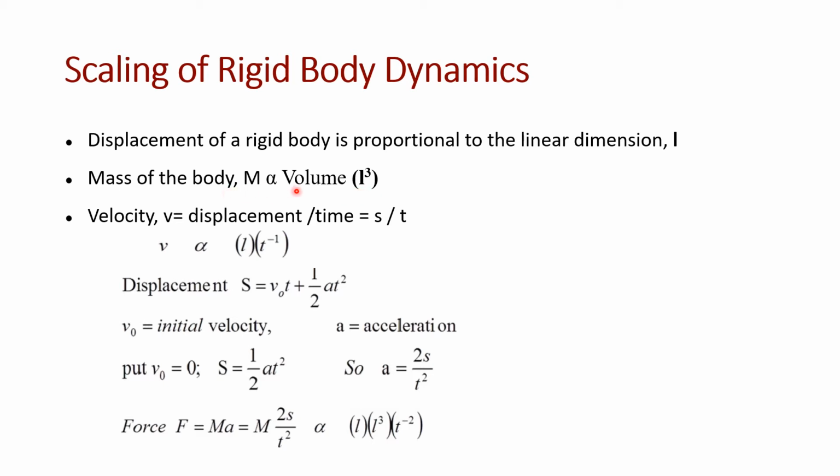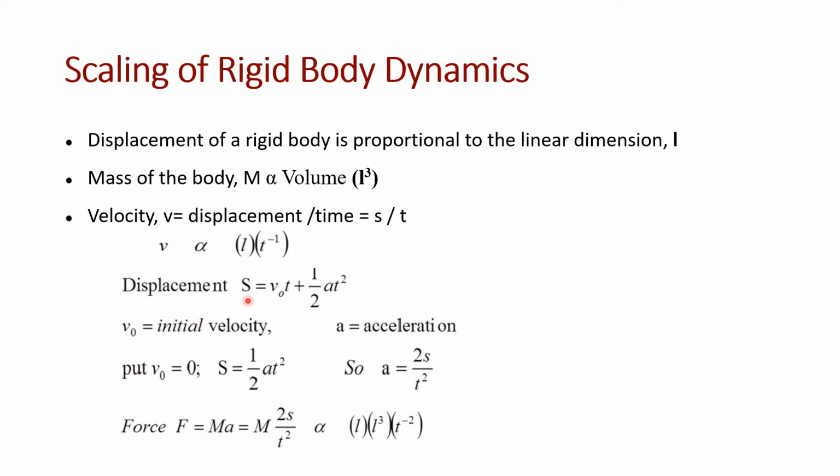Mass will be proportional to L cube. Velocity of the body v is displacement by time, that is s by t. So velocity will be proportional to L into t raised to minus 1.